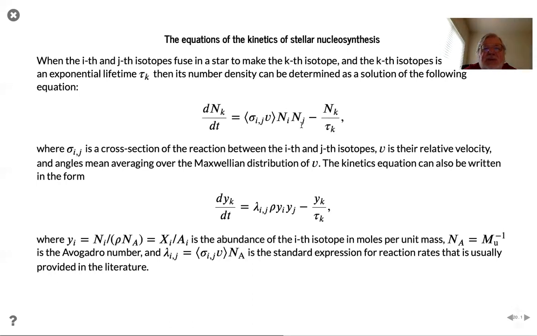So this is just some template equation, not a specific one, but it shows that in principle we can write equations like this with a much larger number of terms on the right hand side for each isotope. Okay, and these equations, when we solve them, will tell us how abundances, number densities, mass fractions of all isotopes that we want to study change with time, and these changes actually cause the evolution of the star.